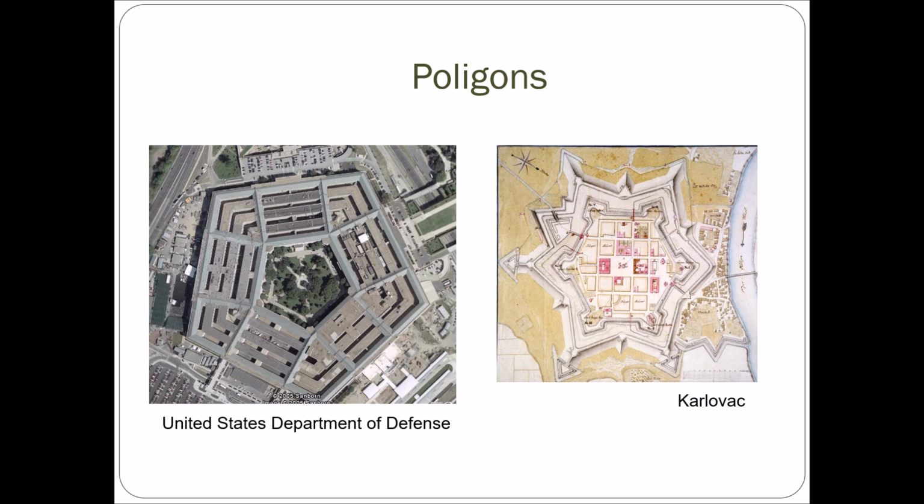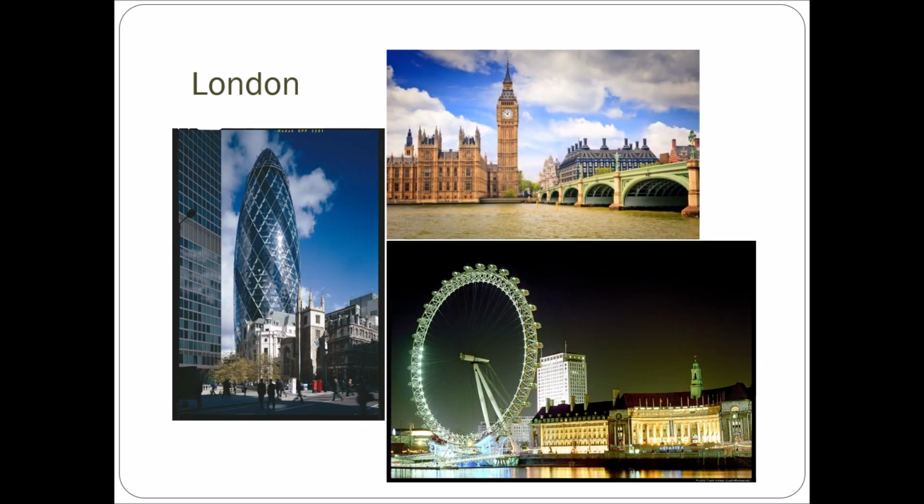We have these polygon shapes also in some modern buildings, which I already talked about last week. In London, you have similar shapes and forms everywhere.